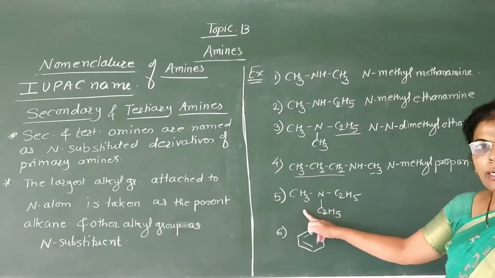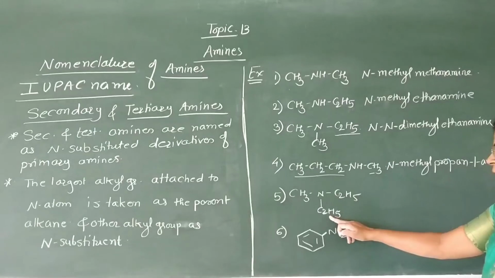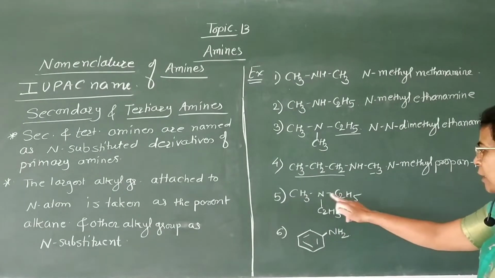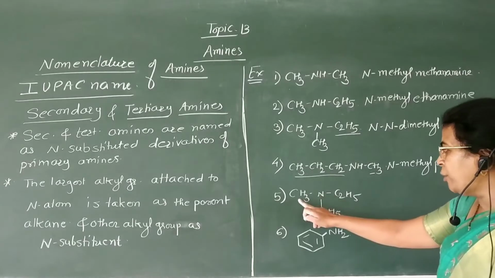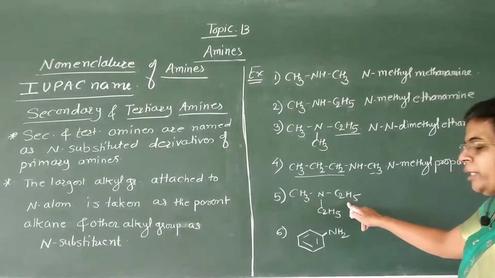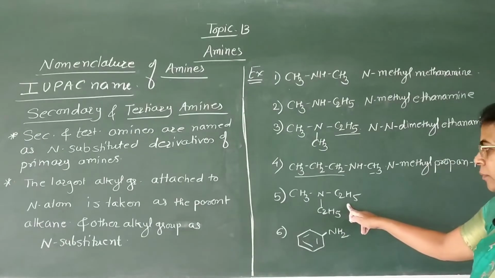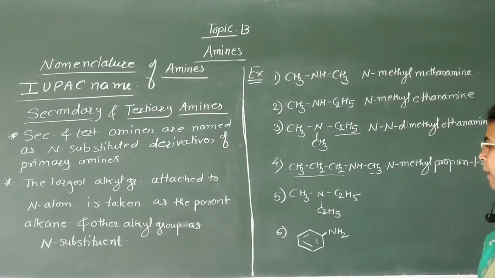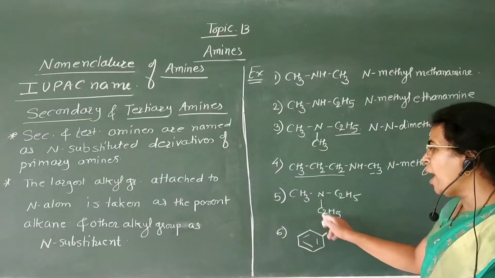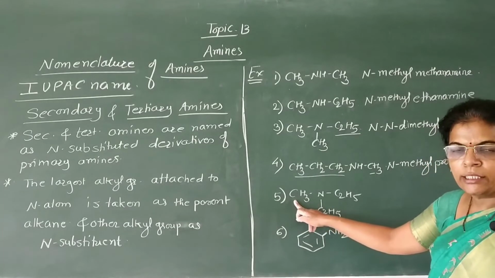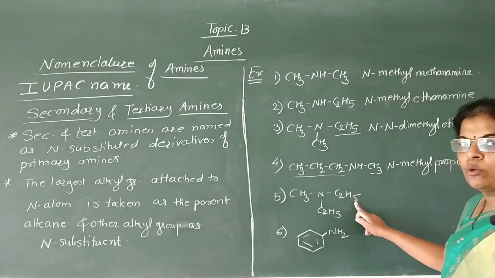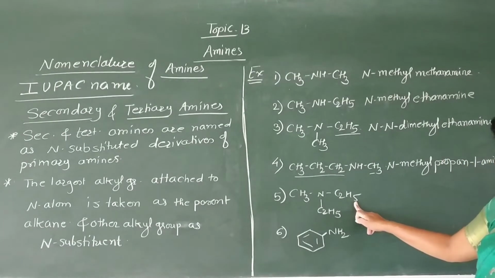Now number 5, CH3 and C2H5, C2H5. Now in this case, this nitrogen is bonded to 1 methyl group and 2 ethyl groups. Now it is an example of a tertiary amine. Now here 1 ethyl group and 1 methyl group are taken as N-substituents and the remaining 1 ethyl group is taken as the parent alkane.